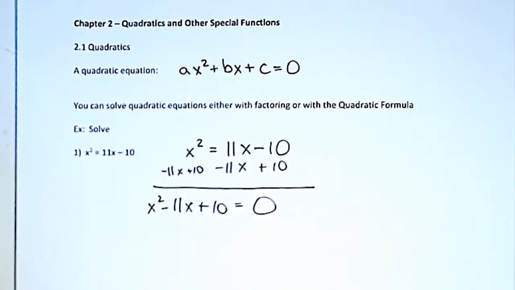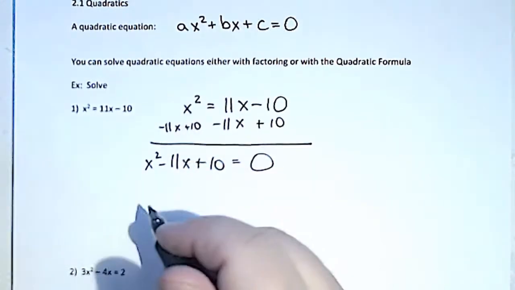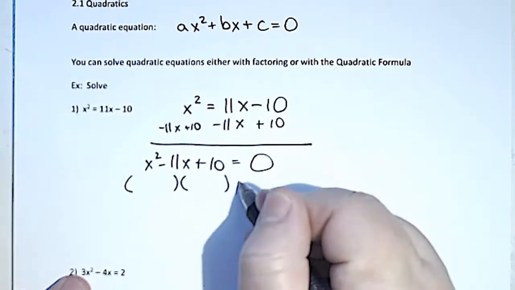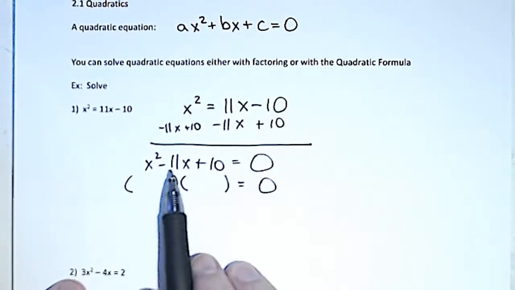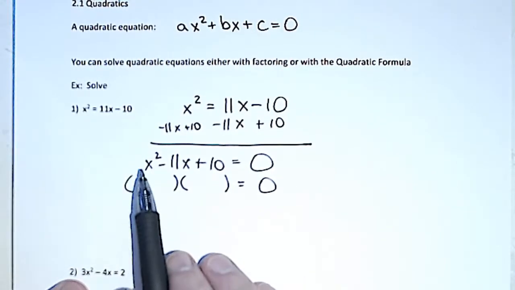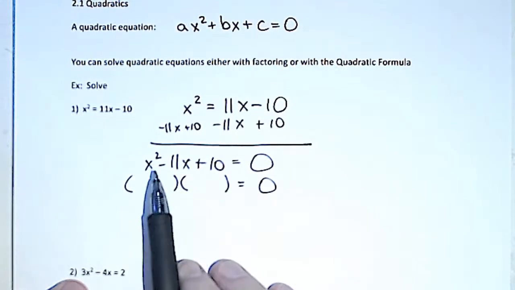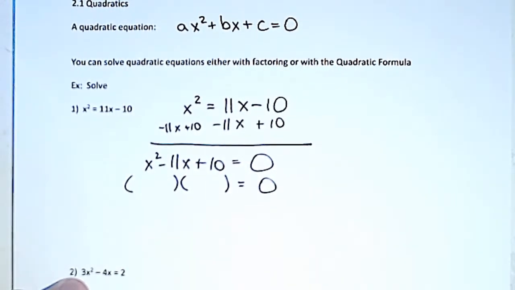Factoring is when you break the quadratic expression or the quadratic function down into, usually what we're going for is two binomials. If we look at this and we see a common factor, like if 2 went into all these, we'd factor that out as well. But in this case, what I'm looking for is two numbers.